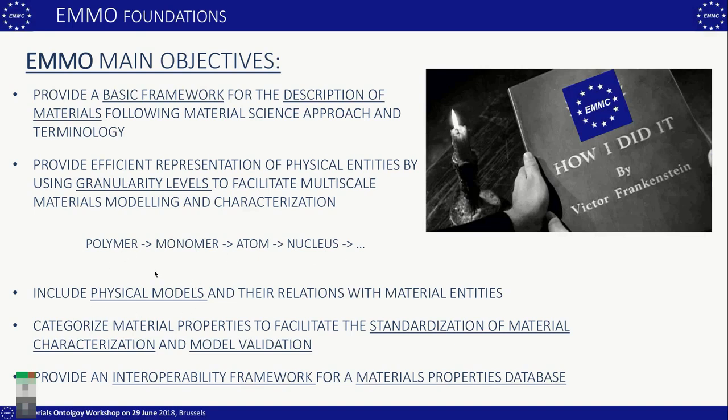We need to include in the ontology the physical models and also their relation with the material entities. The ontology should categorize material properties to facilitate standardization of material characterization and model validation. It should also provide an interoperability framework for material properties databases.